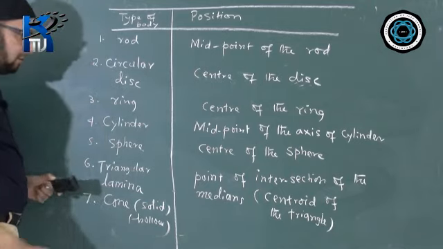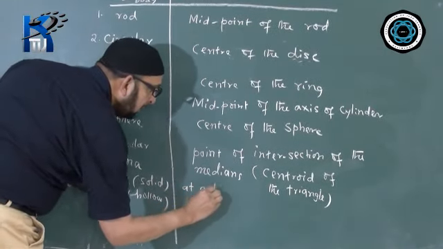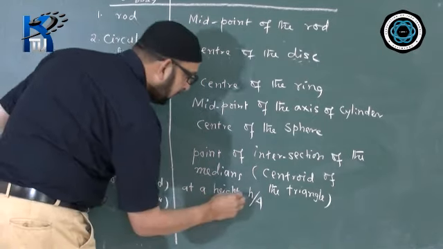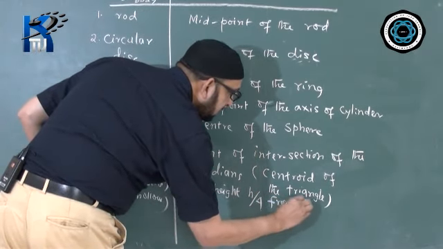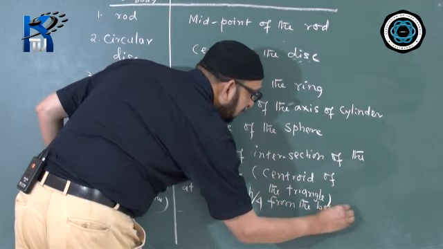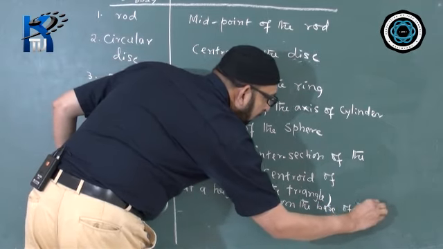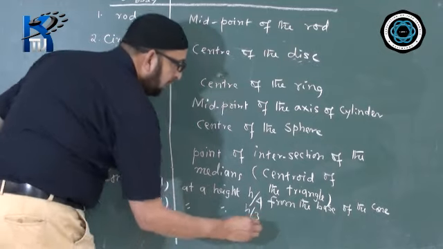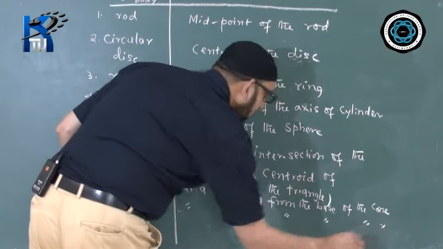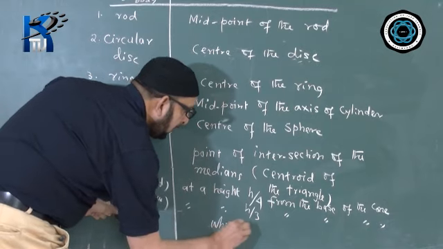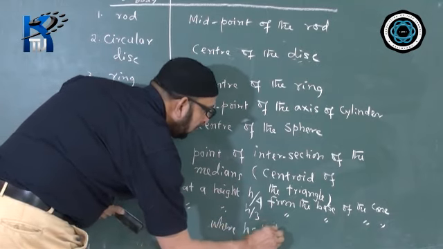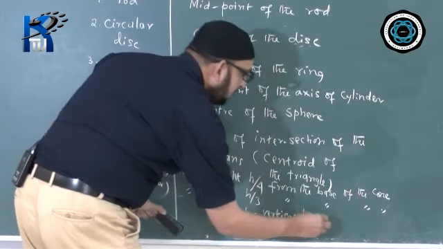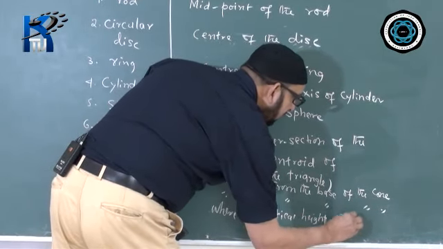In case of a solid cone, it is situated at a height h by 4 from the base of the cone, and in case of hollow, at a height h by 3 from the base of the cone, where h is equal to the vertical height of the cone.